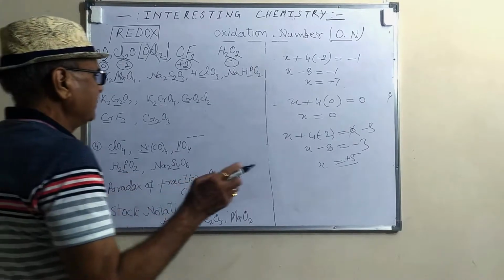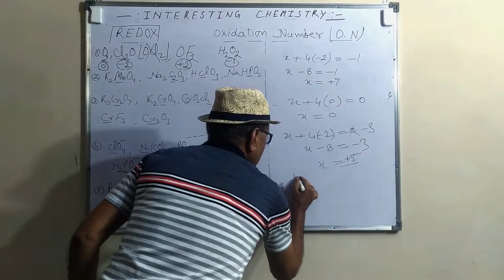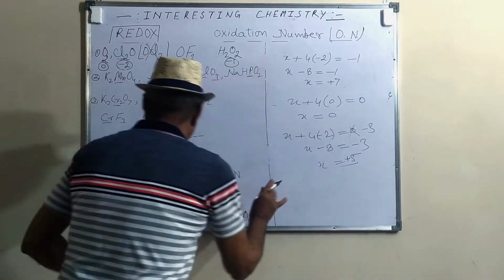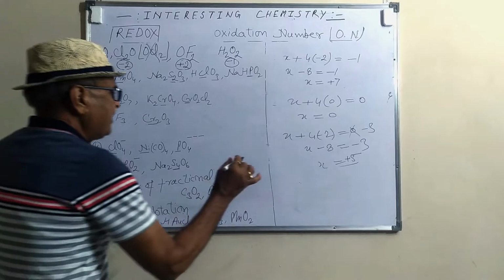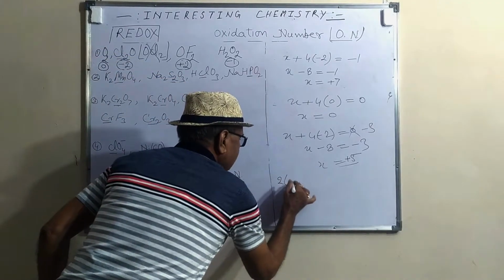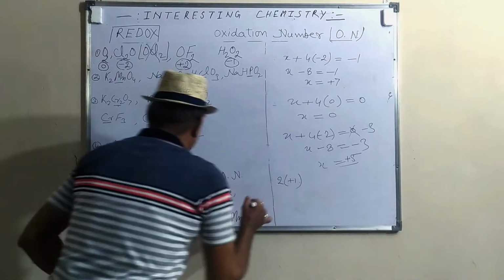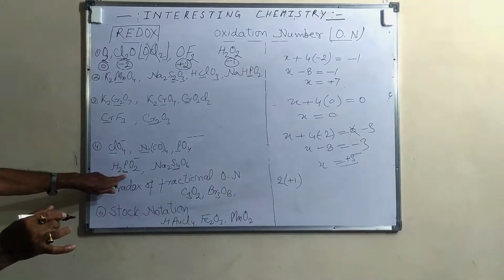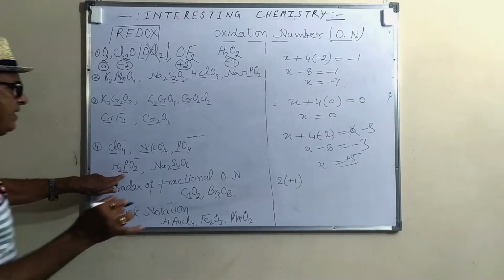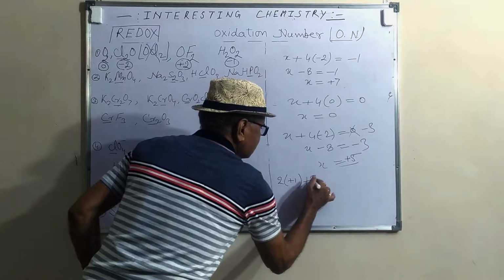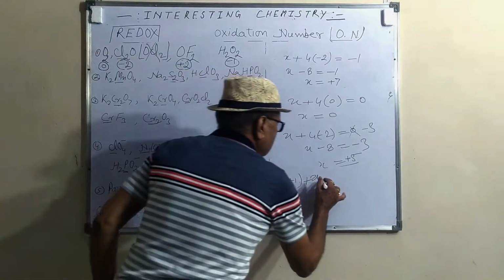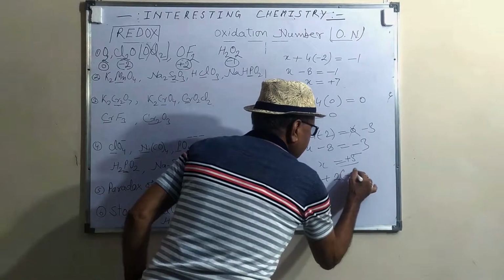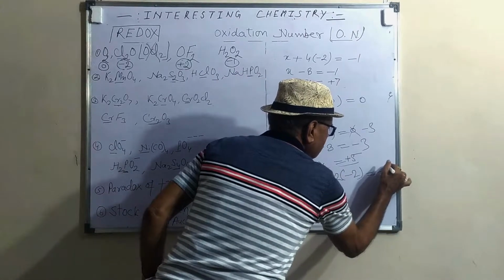Again, H2PO2 minus: calculate the oxidation number of P here. The oxidation number of H is always +1. So here 2 into +1, P is equal to X, and O2 is 2 into -2, and the total is equal to -1.